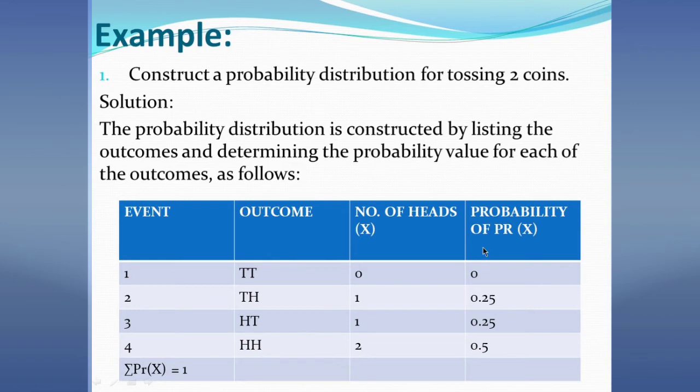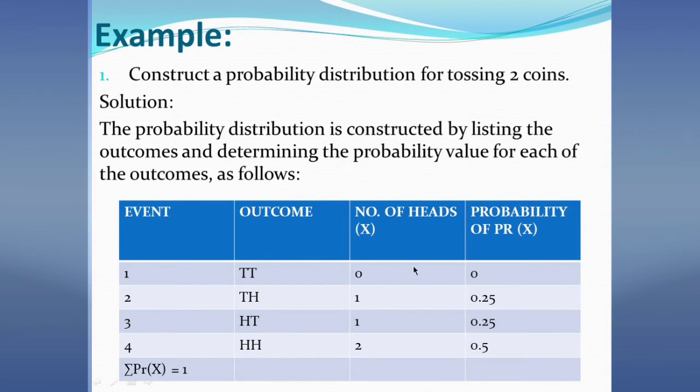Now, for the probability of X, paano po ba makukuha ang 0, 0.25, 0.25, and 0.5? First, i-add nyo po itong total number of heads: 0, 1, 1, 2, na bali 4.